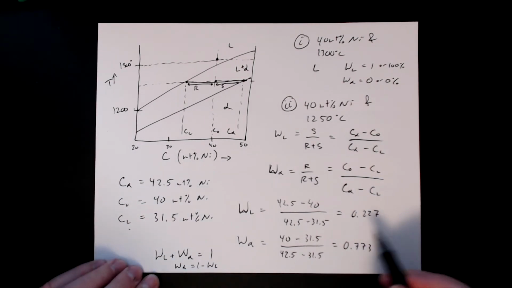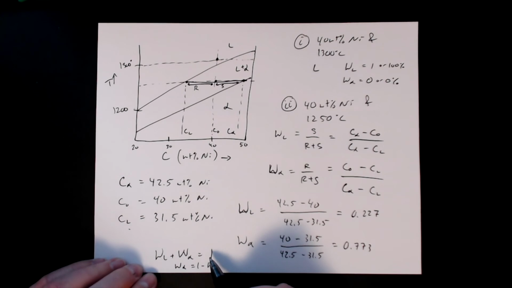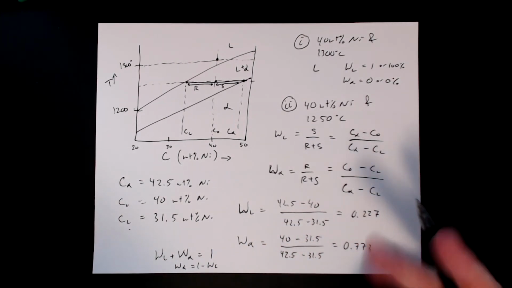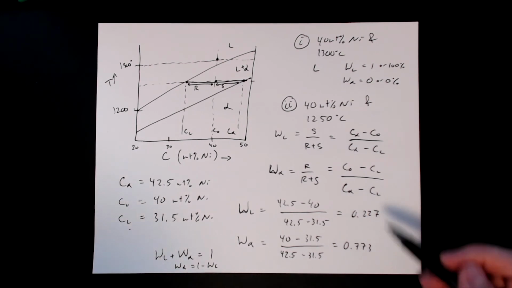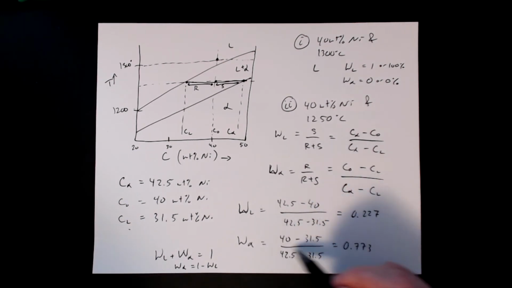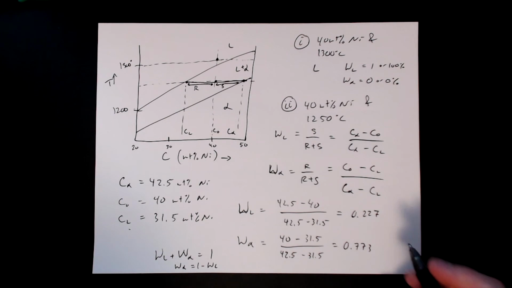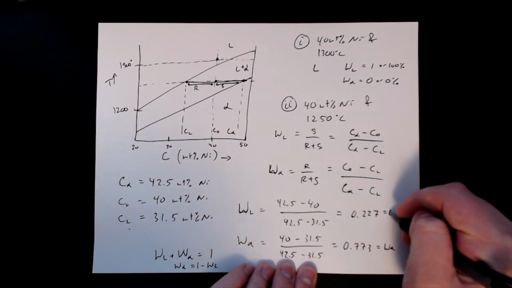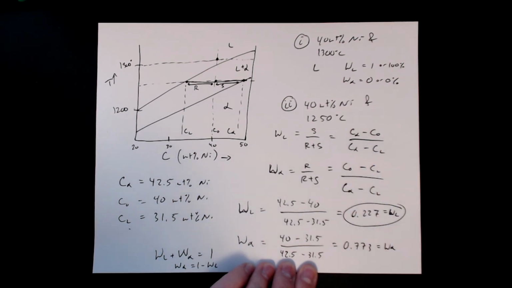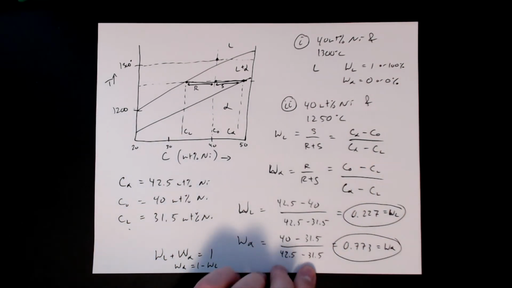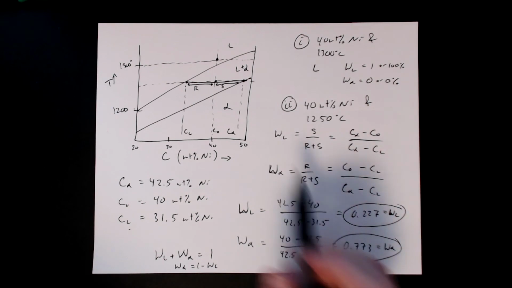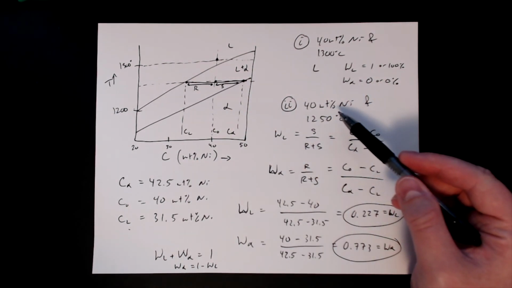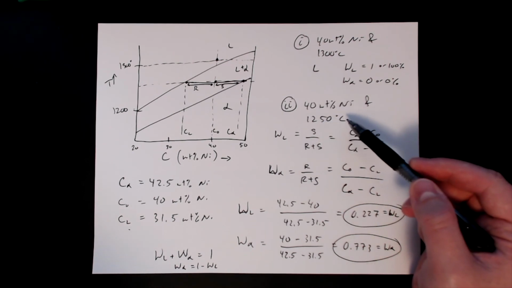So you can also do this just to make sure that they both add up to 1, because if your numbers don't add up to 1, if you only have 2 phases, then you've got a problem. So you can use that as a check on your equations here as well. So we got our weight fractions. So this is liquid and this is alpha. So we were able to determine our weight fractions in this 2-phase field when we had 40% nickel and 1250 degrees Celsius.